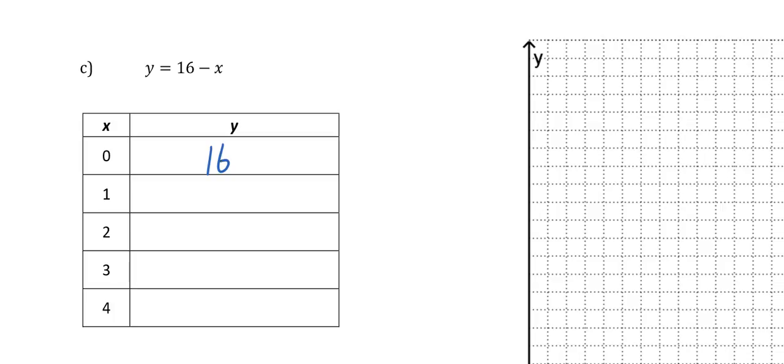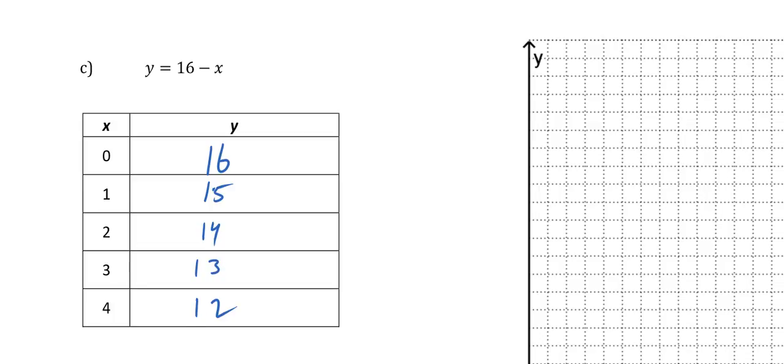I saw a lot of people put that because the subtraction means you're decreasing, you're going down. And it's by 1x, like there's a 1 here. If it was going down by 2 x's, you'd be going down by 2 every time, but in this case, we're only going down by 1 every time. So 15, 14, 13, and 12.